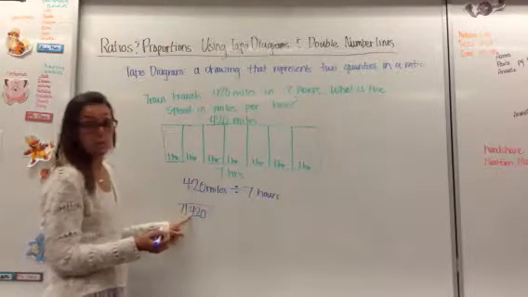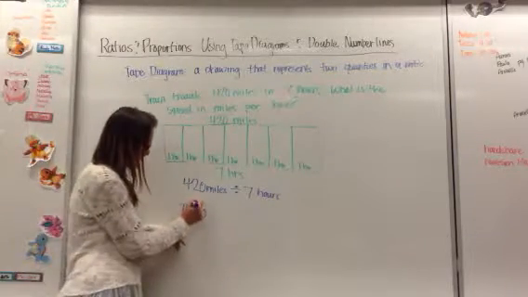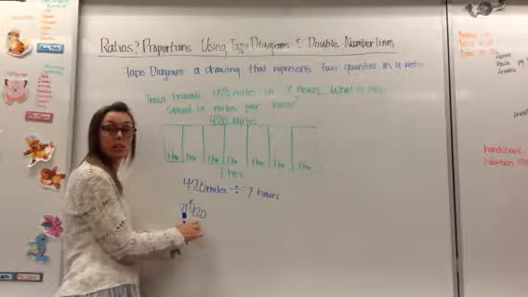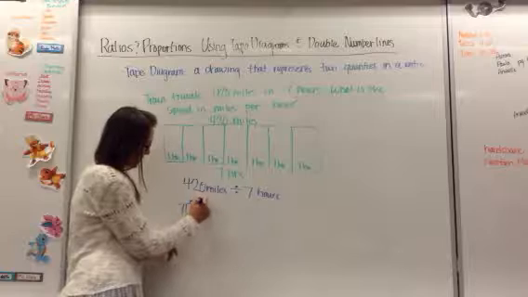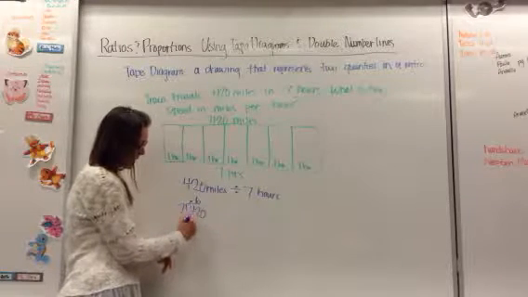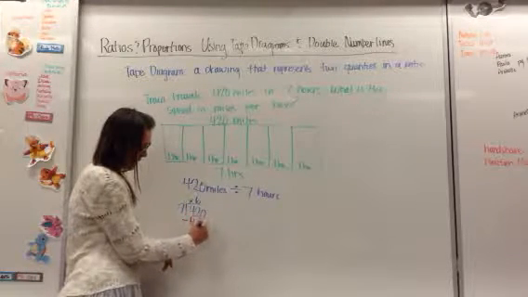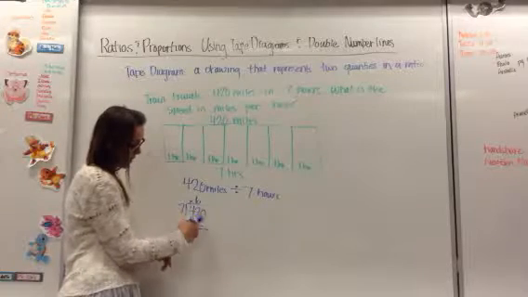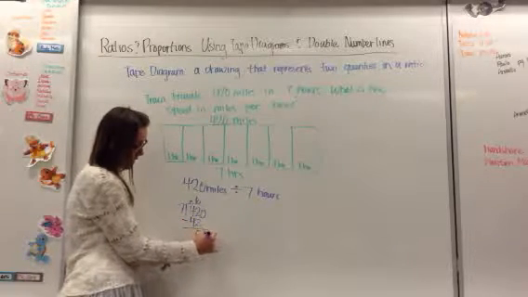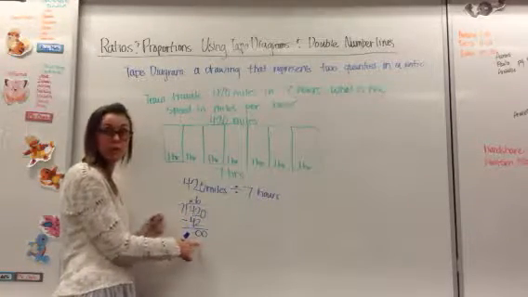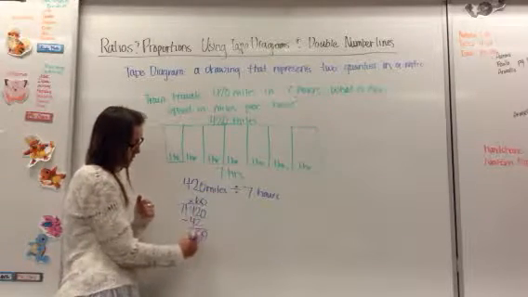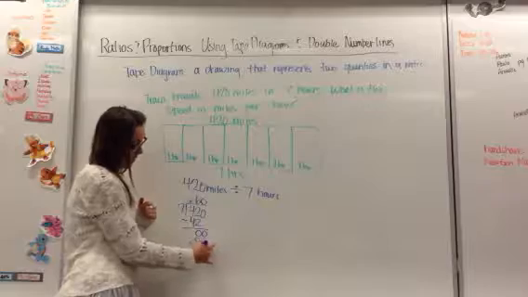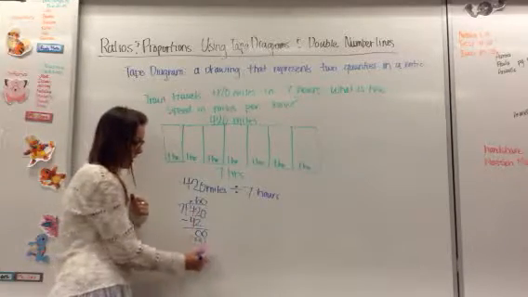Well, 7 does not go into 4. Does 7 go into 42? Yes. 6 times. 6 times 7 is 42. So I'm going to subtract 42 from 42, and I get 0. How many times does 7 go into 0? Right, 0 times. 0 times 7 is 0, and we are done.